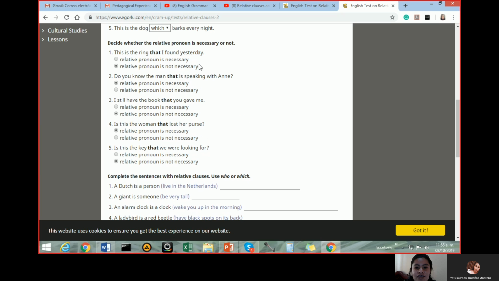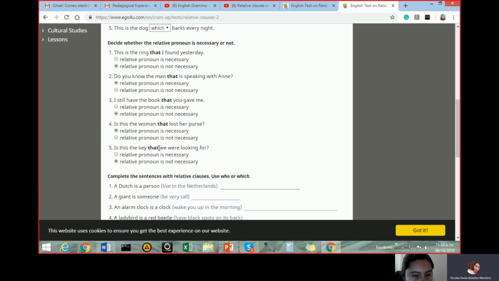Por este motivo, si tenemos al sujeto y el objeto, no necesitamos that. Entonces, la pregunta sería, ¿podemos crearla? Is this the key we were looking for? ¿Es esta la llave que nosotros estábamos buscando? Por este motivo, no es necesario. Podemos omitir el that, porque no es necesario.